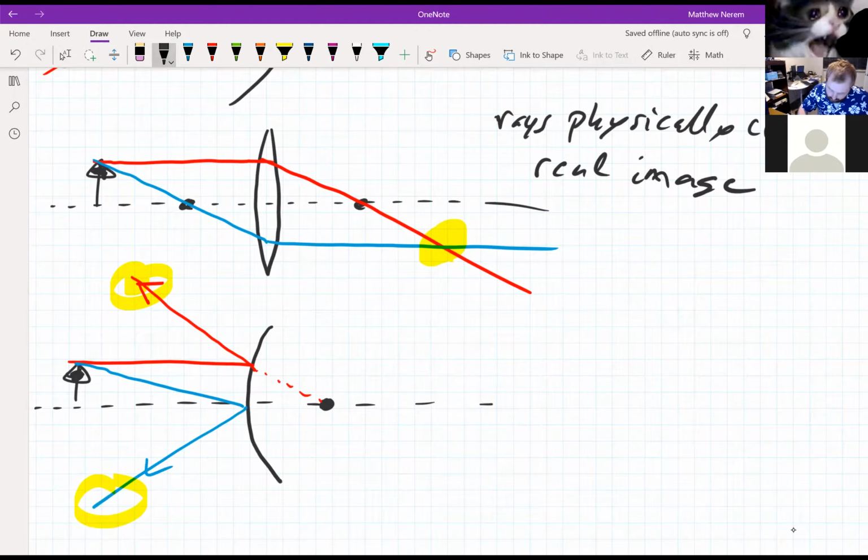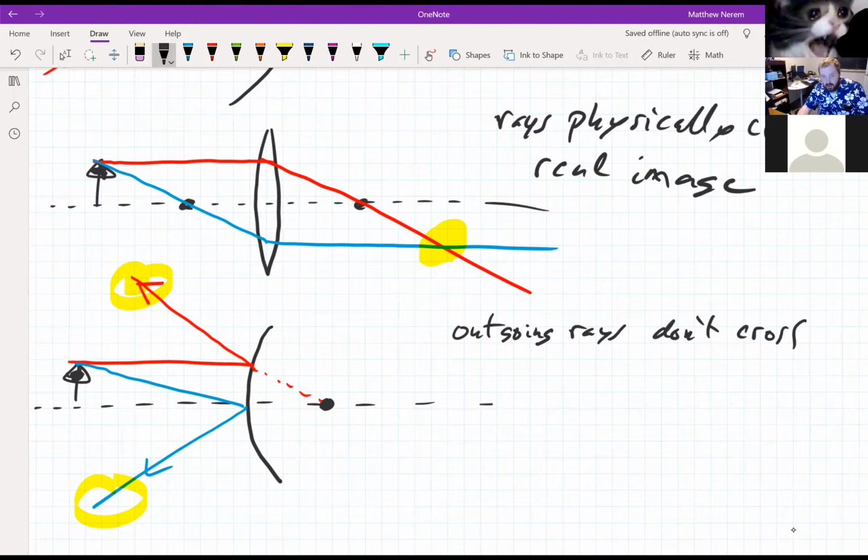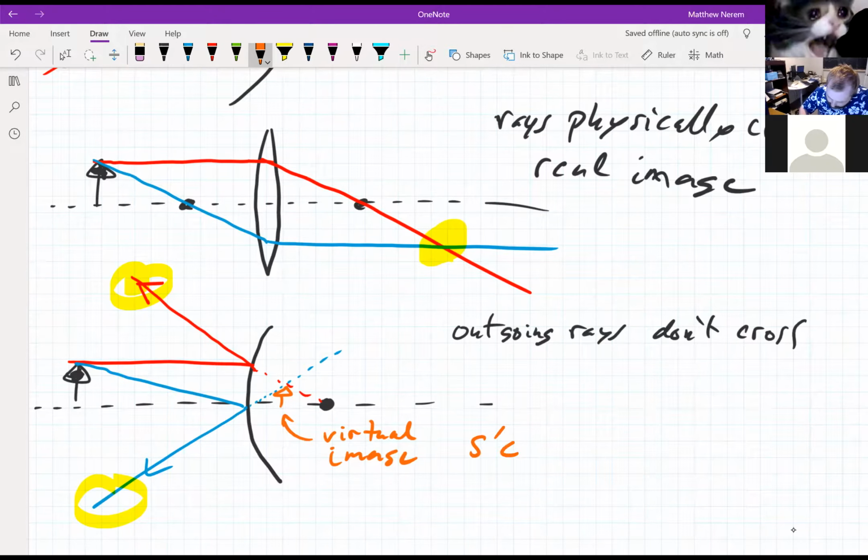They don't cross. We still see an image, but it's not a real image. What we see instead is a virtual image. And for reference, S prime would be negative in that case.